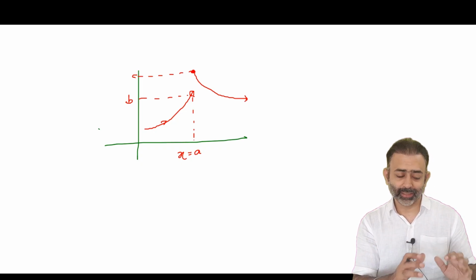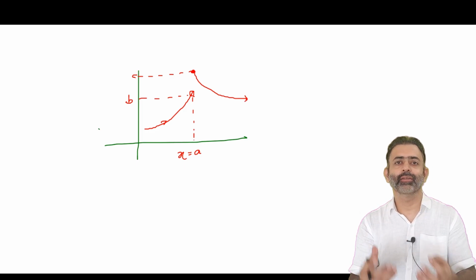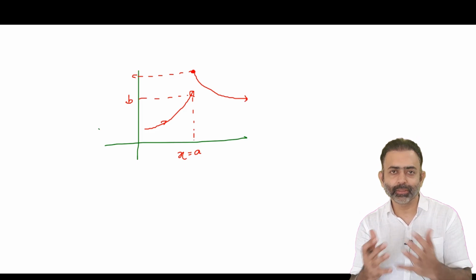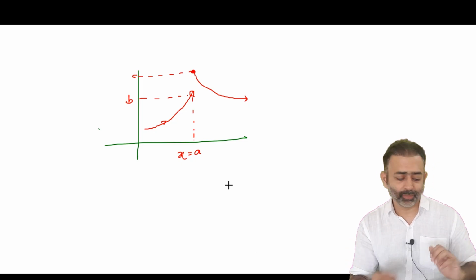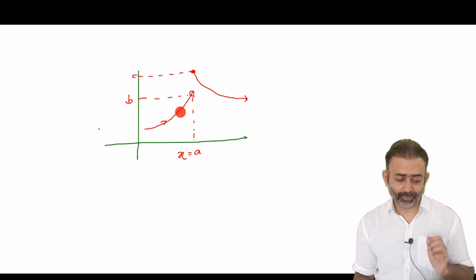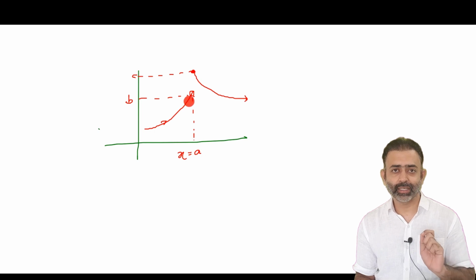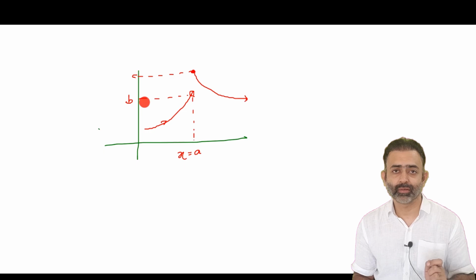Here this graph is just for the sake of understanding the limits. If I know the graph of the function, as I move from the left direction towards x equal to a, I will say that the function is approaching the value b, as is clear from the graph.